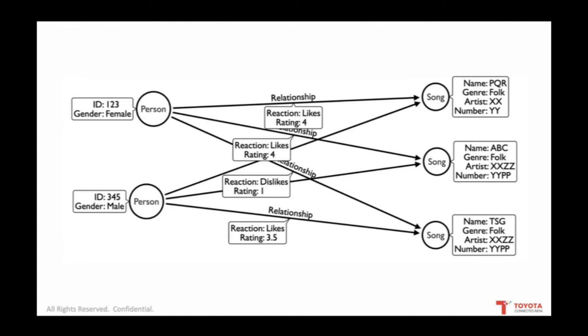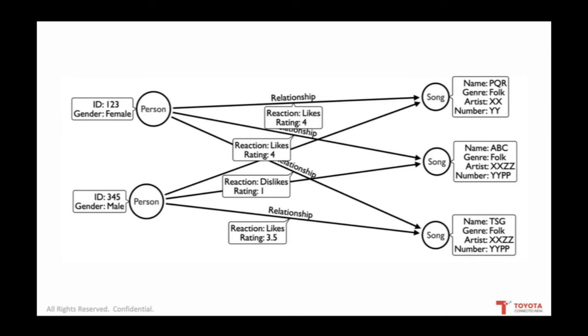Let's say a song is added to this list and there is no relationship from person 1 to the song. Probably we may have a relationship between person 2 and the song. Now in this use case, we are trying to predict the feature vector of the relationship, whether it is a rating greater than 3, or the reaction of the user to the song is like or dislike.